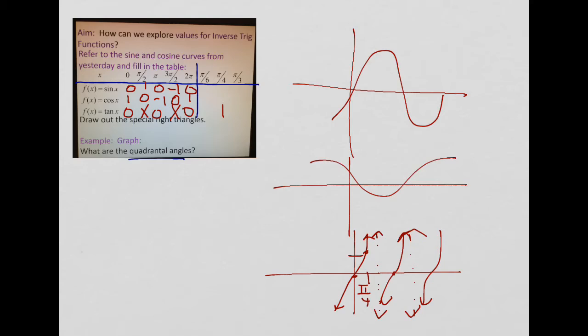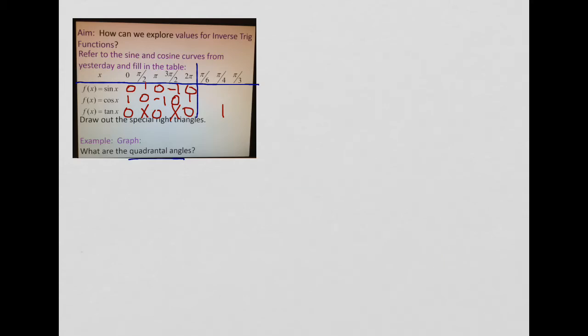So now, our special right triangles are going to answer the other angles. So I'm going to erase these drawings and draw the special right triangles. We usually draw the special right triangles just in the first quadrant so that we can look at positive values. It's easier to look at the positive values to evaluate.